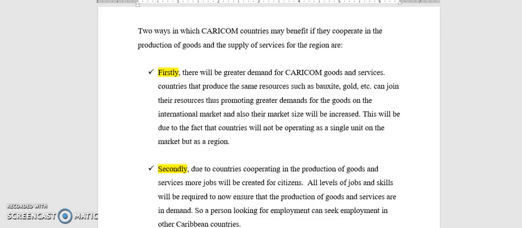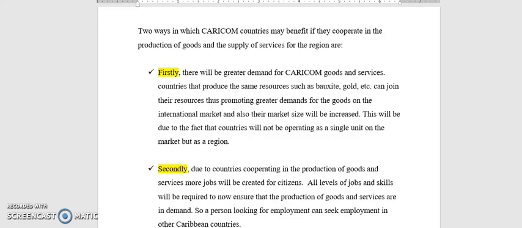Secondly, countries may benefit if they cooperate in the production of goods and the supply of services for the region, right, because more jobs will be created. So when they cooperate in the production of goods, more jobs will be created for citizens, right?